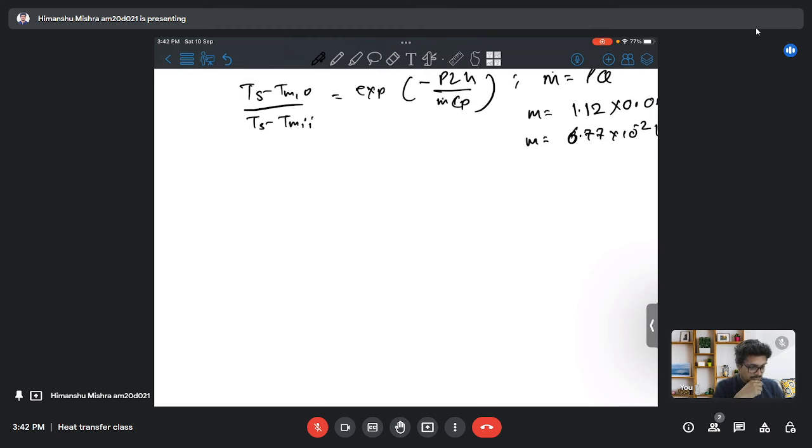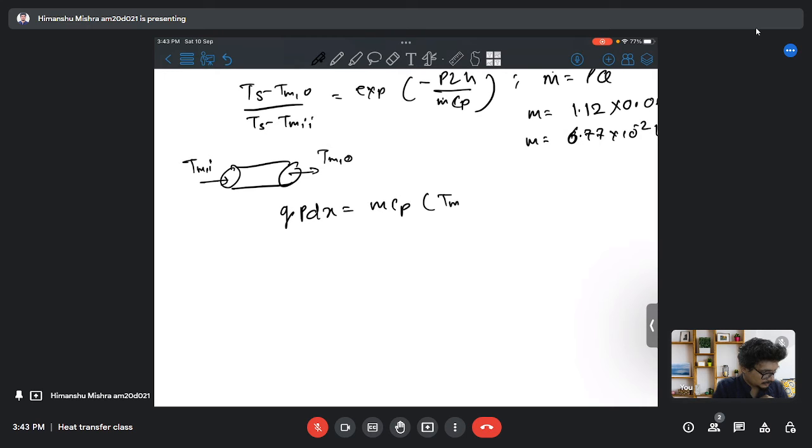So we are given the inlet temperature. We already discussed in the first question that if we have an inlet temperature T_mi and the outlet temperature is T_mo, then we can define the heat transfer along the flow direction as follows. Now we need to find the temperature at the outlet, so we need the information about the heat transfer, which is already given.